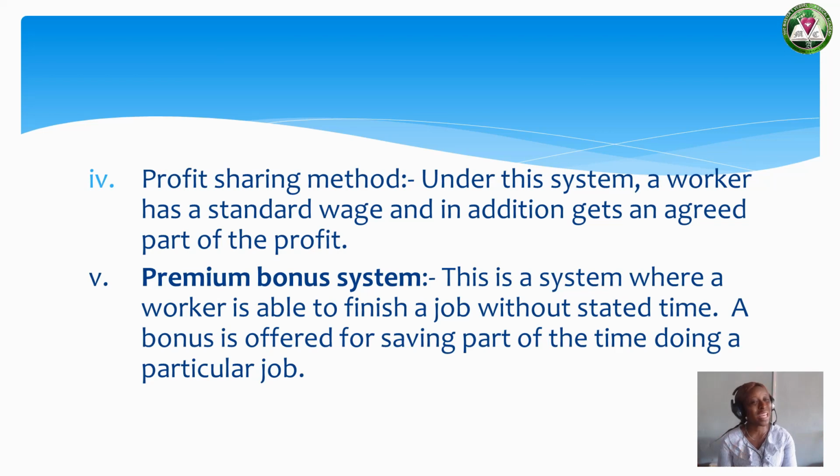But in addition to that, if the company makes more profit, you will still get part of it. You have a standard wage, and on top of that, from the profit of the organization, they will give you an agreed amount. That is the profit sharing method.